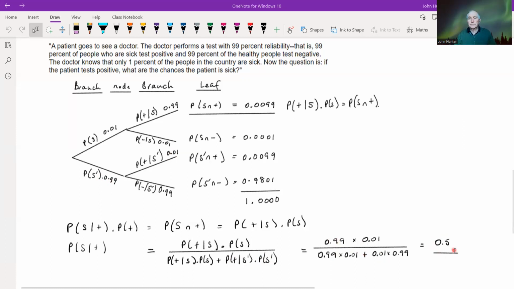So you can see that if you've tested positive for a rare disease, then all is not lost, because the reliability of the test might come and save you. In other situations, 1% is actually quite high.